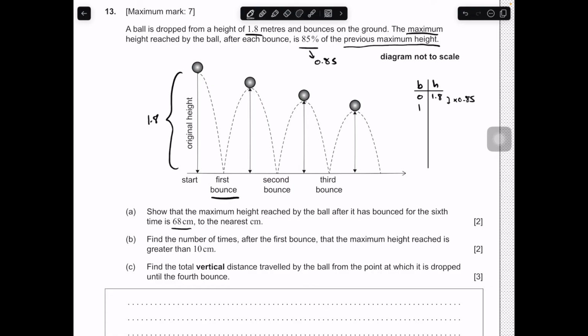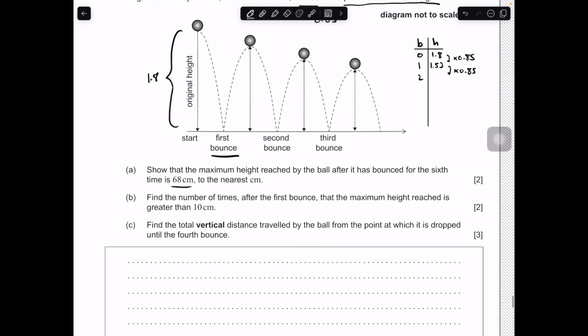I'm actually just going to work that out. 1.8 times 0.85 is 1.53. And then after the second bounce, again, we would multiply by 0.85. So in this case, we actually have a geometric sequence. When we have some starting value and we multiply by some constant term as we go through it, we have a geometric sequence.